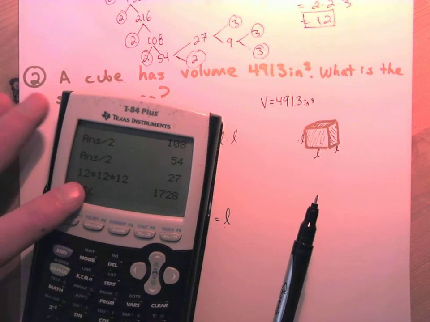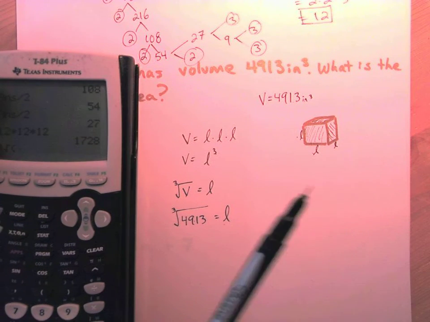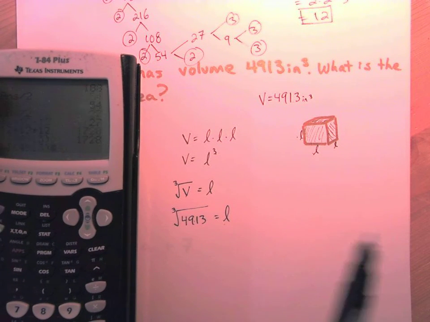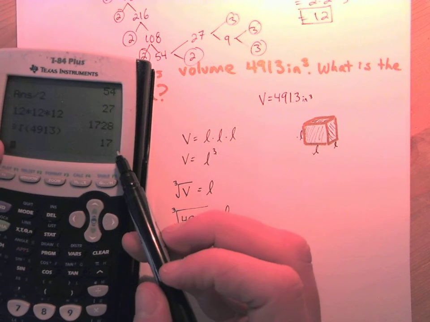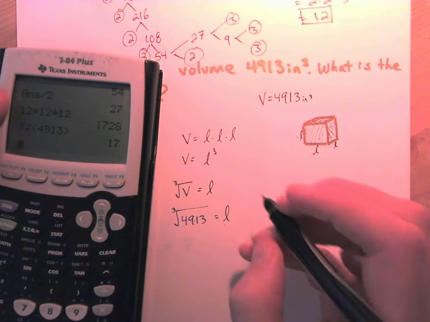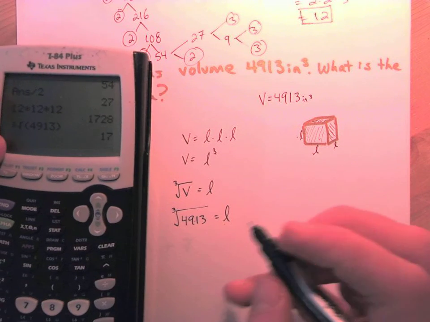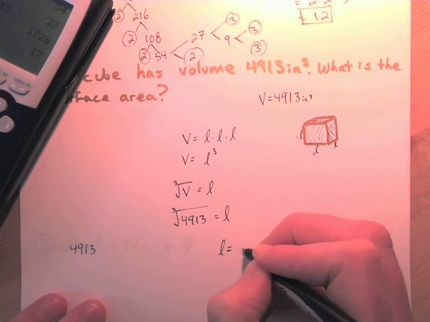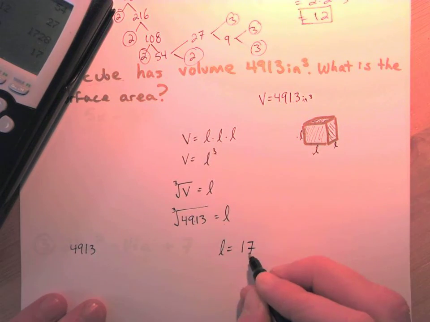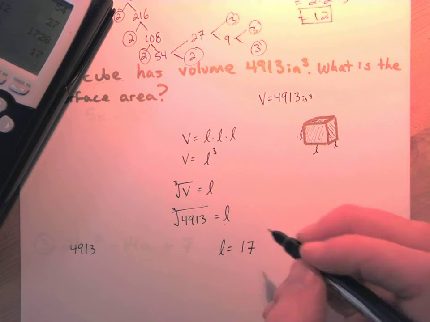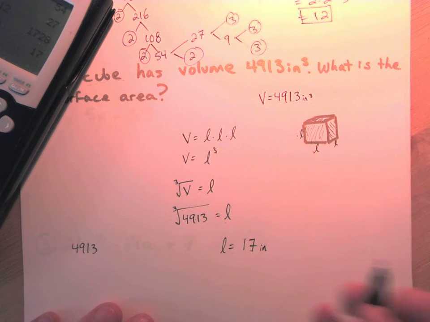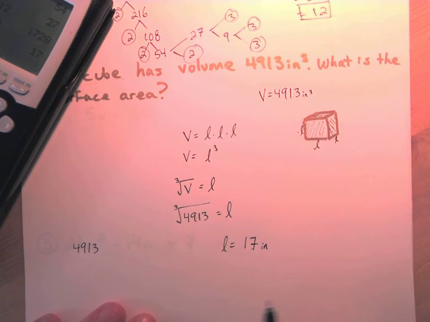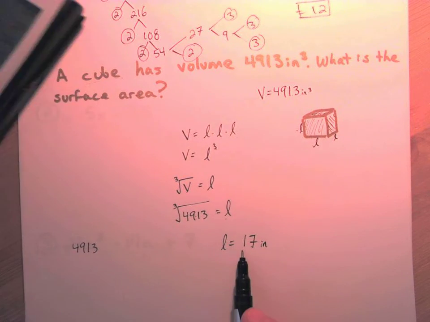You might actually just have a button that does that as well. Then you go 4913, and you get the cube root is 17. 17 times 17 times 17 equals 4,913. So therefore, my length using a calculator is 17, because 17 is the cube root of 4,913. And the unit will be inches, because our volume is inches cubed. So that's our side length.